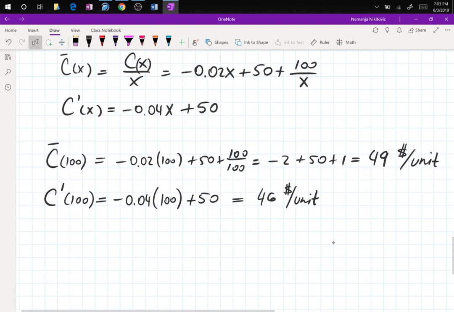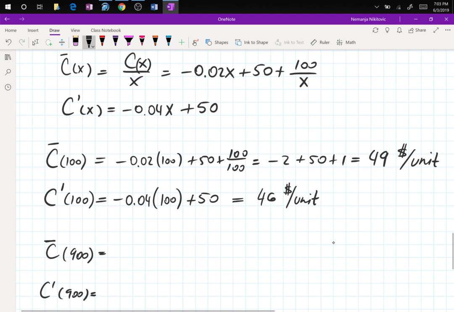Does this make sense? Of course it does, because the average cost was the average cost, right? And now we have the 100th unit. Well, that better be less than 49 if everything is working well in our business. Now we're going to move to the 900 units, check the average, and then check the marginal.